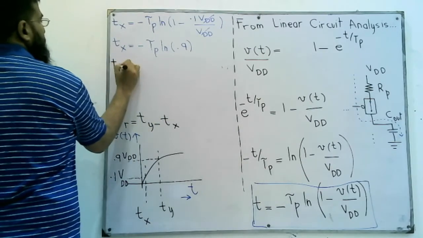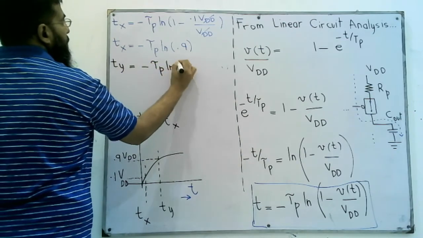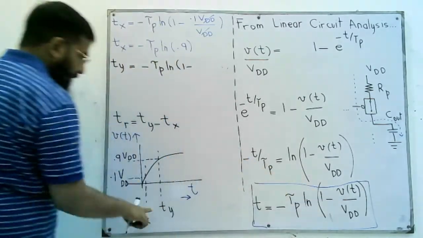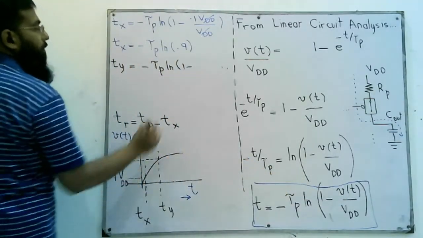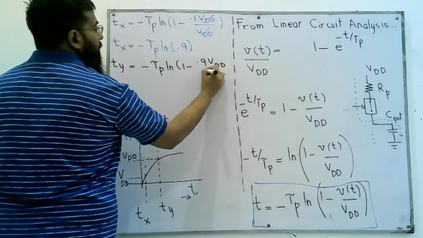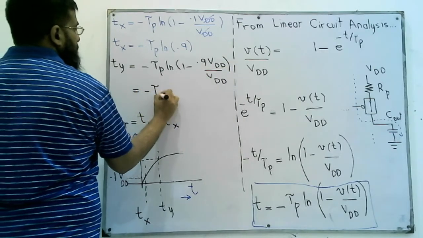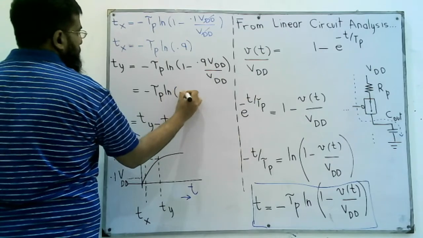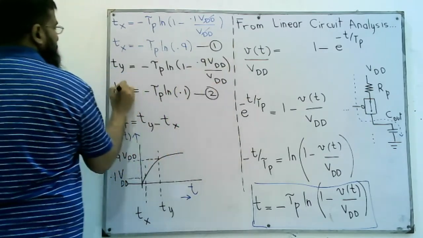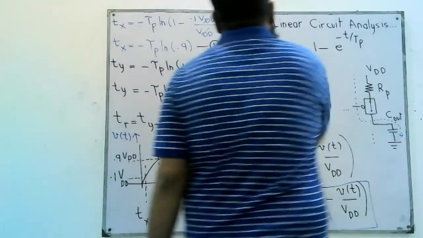And then we can write dy as minus tau p log of 1 minus v of t, which is 0.9 VDD at dy, 0.9 VDD over VDD. So this becomes minus tau p log of 1 minus 0.9, it's 0.1. So these are the two equations we need to compute TR.